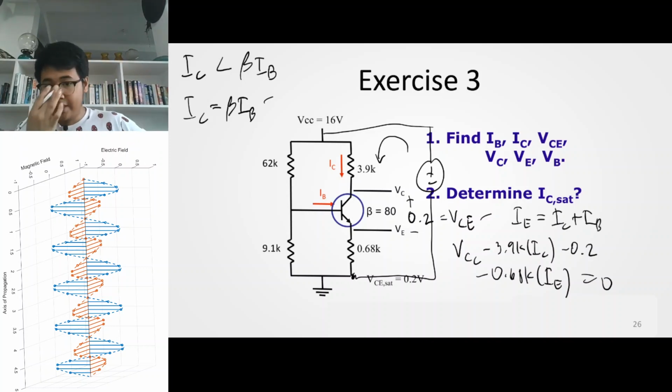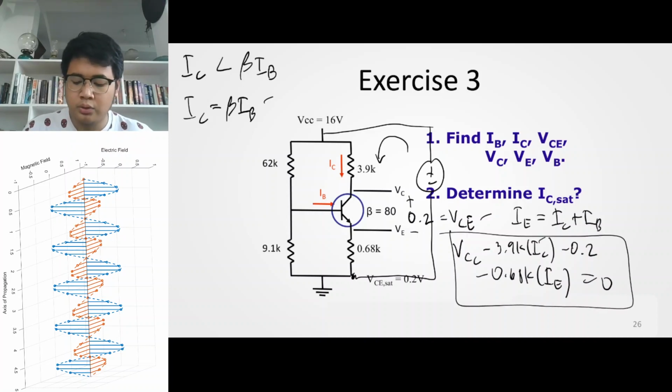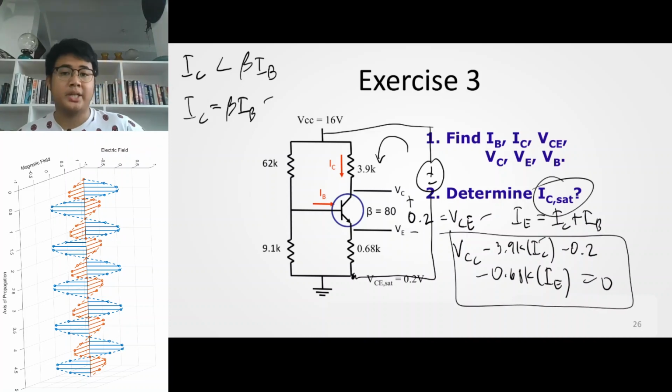With that, we will now be able to solve for IC saturation. If you solve for IC in this equation, you will determine the saturation current. I'll leave it to you to solve for the calculated values. I don't have a calculator with me again.